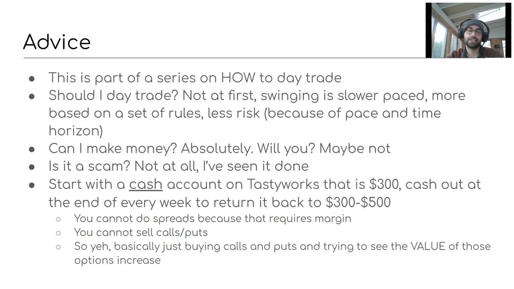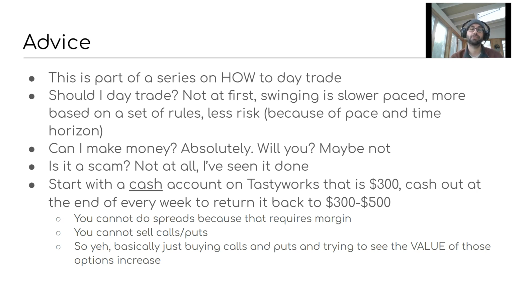Some of the downsides to this cash account is you can't do spreads, because if you think about it, when you sell one option and then you buy another one, there's all of that money that you're not being debited or credited for in your account. Normally the broker will say, okay, I see that if you subtract those two, there's a balance of only X amount, but the total value of those 2 contracts is much larger than what you would be paying up front, and your broker only charges you the difference on a margin account.